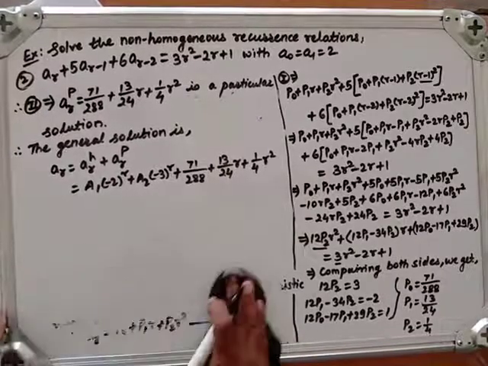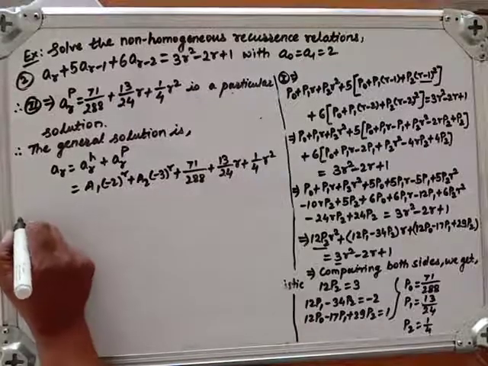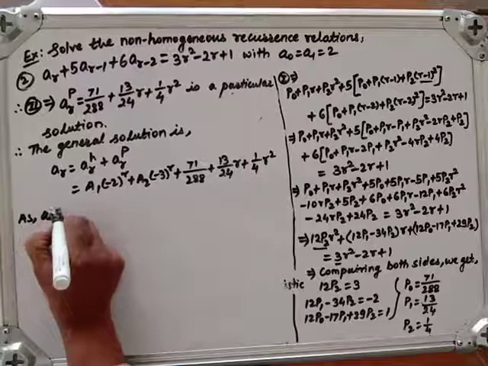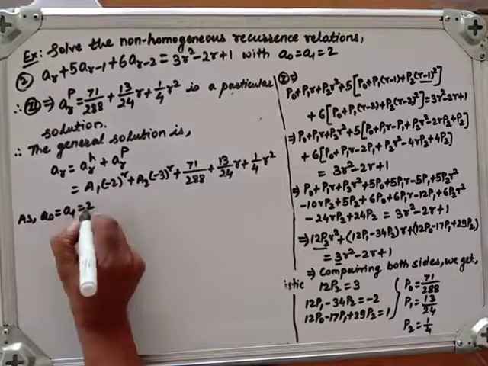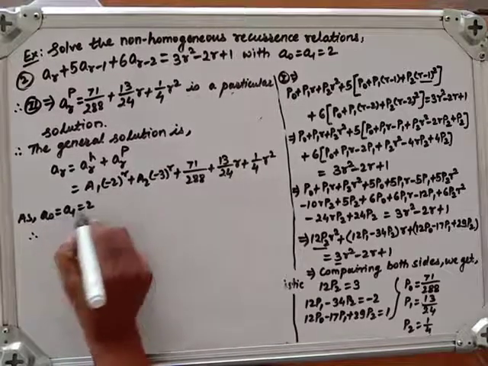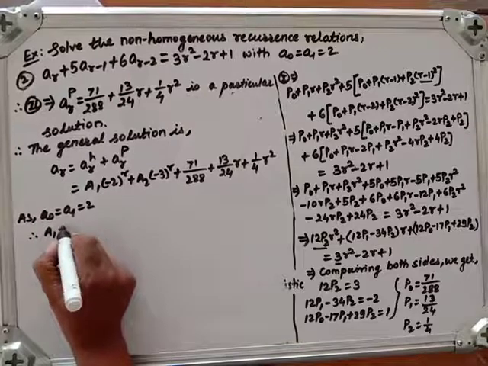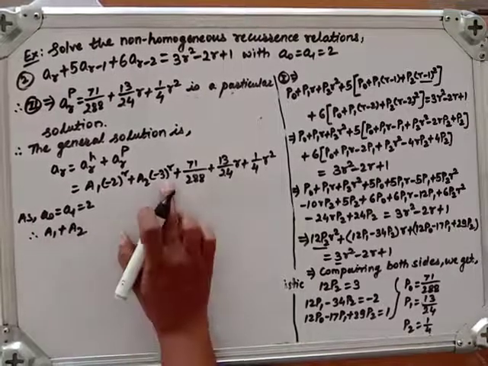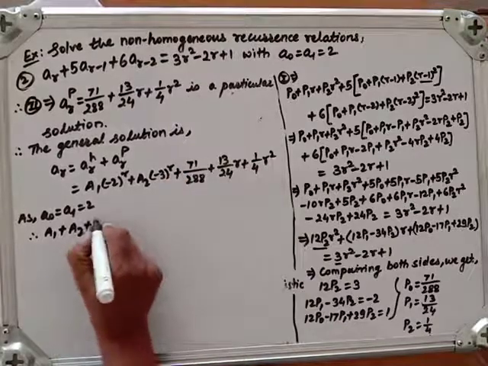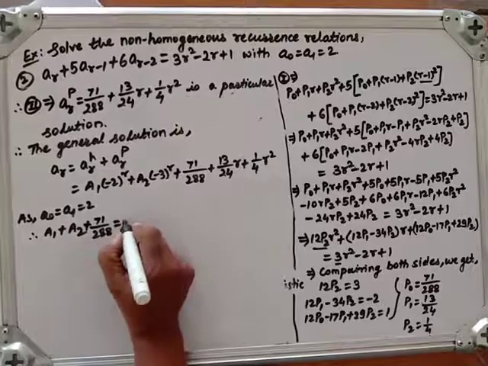Now we have to use the initial conditions. Further, as A0 is equal to A1 equal to 2, what does this give? By A0 is equal to 2, it gives us A1 plus A2, putting R equal to 0, plus 71 upon 288 is equal to 2.